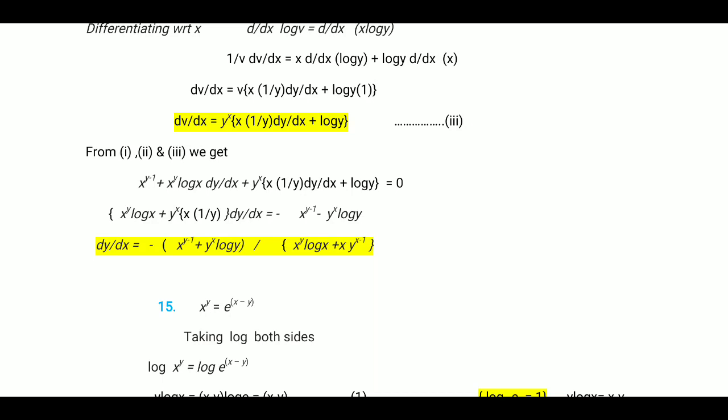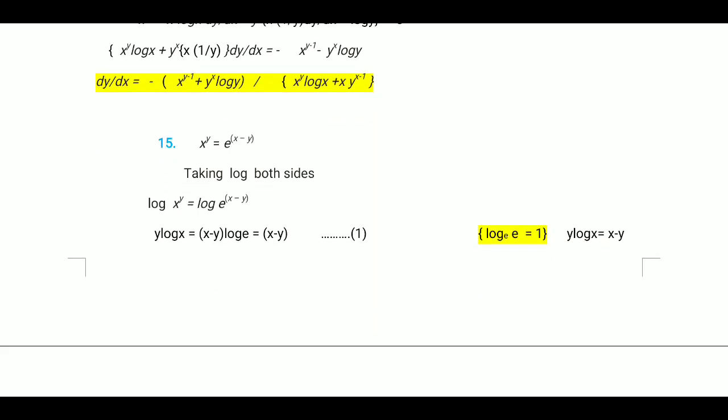Now this is the result, and you can correct y in du upon dx. So in numerator y will be there, so correct it.